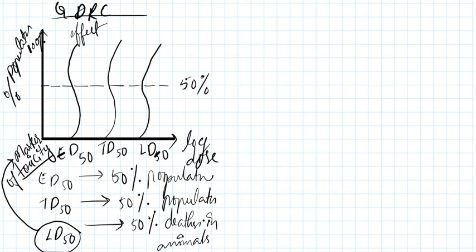This lethal dose LD50 is the marker of toxicity, and the toxic dose is also the marker of toxicity, and the effective dose is the marker of potency. Remember, effective dose is the marker of potency.